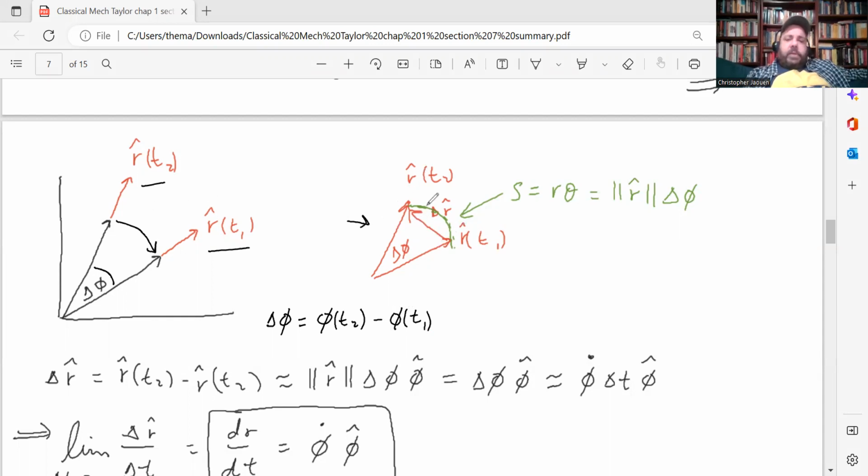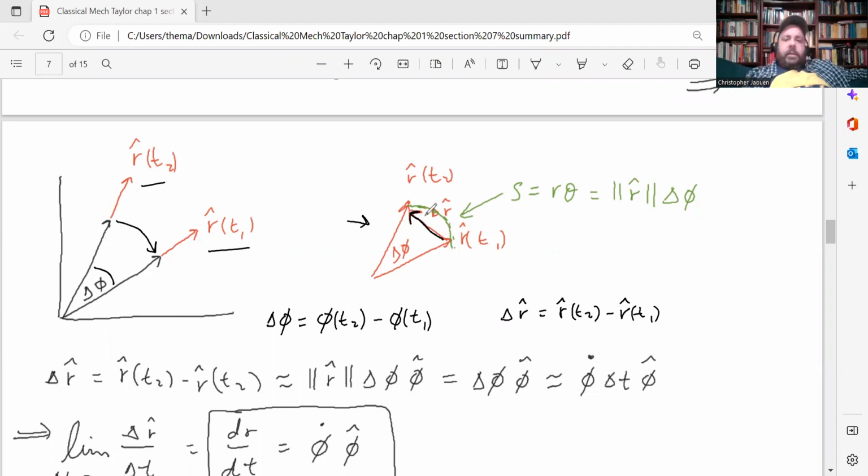And if you look at the difference between the two unit vectors there, this is r hat t2 minus r hat t1. Right, that's this vector here.